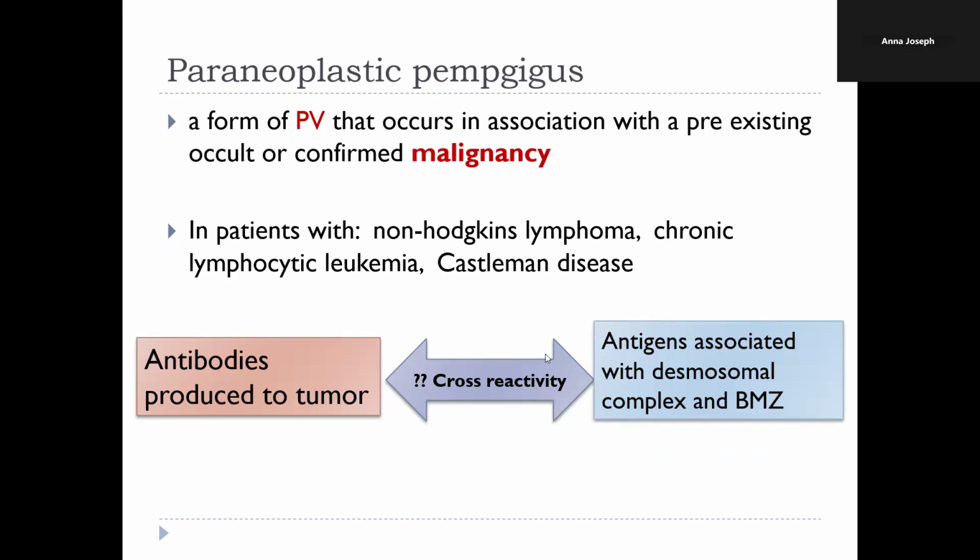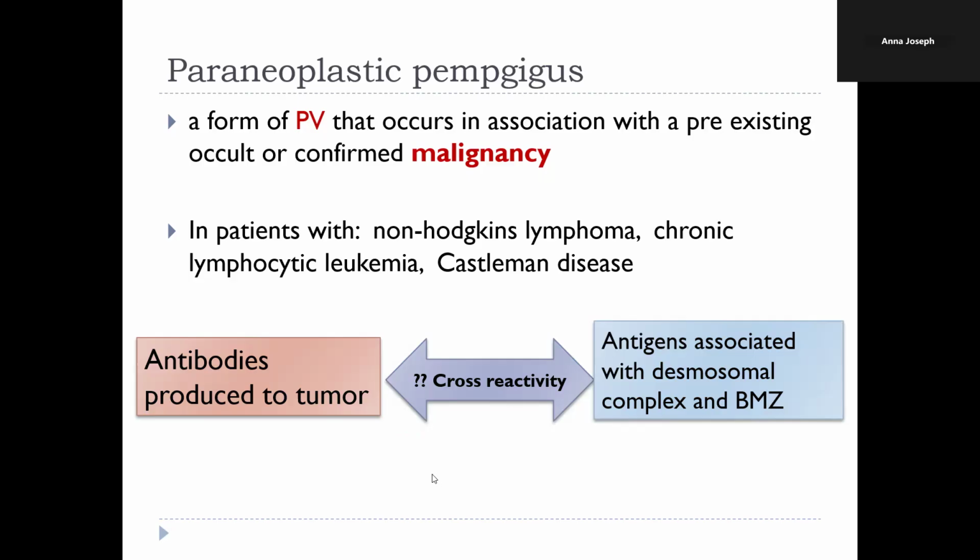Another variant of pemphigus is termed paraneoplastic pemphigus. This is a form of pemphigus vulgaris that occurs in association with a pre-existing occult or confirmed malignancy. Patients with non-Hodgkin's lymphoma, chronic lymphocytic leukemia, and Castleman's disease can develop a type of pemphigus seen in association with these kinds of neoplastic disorders.